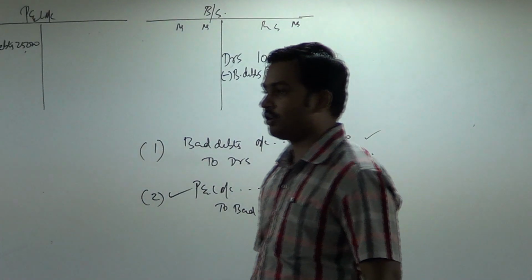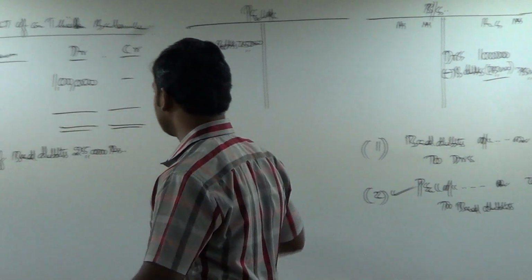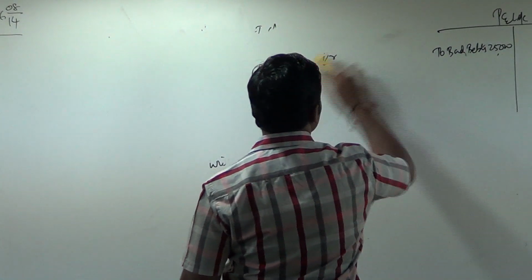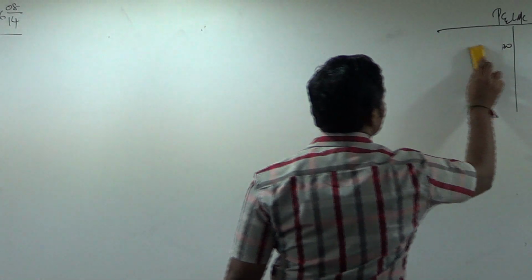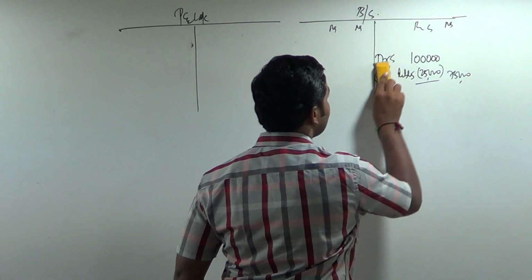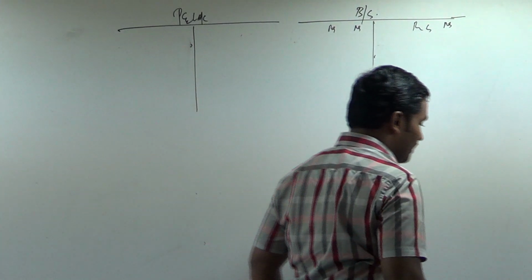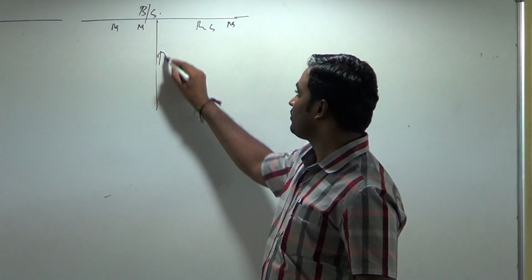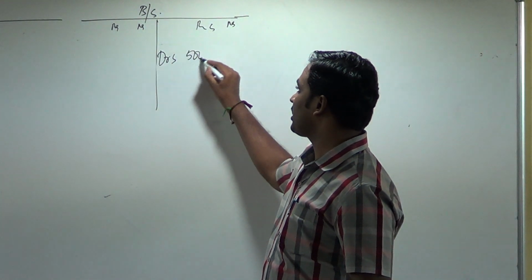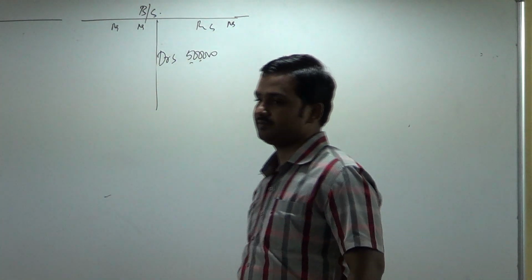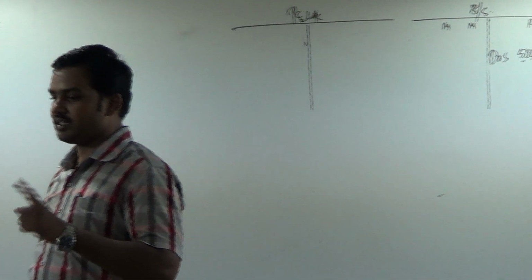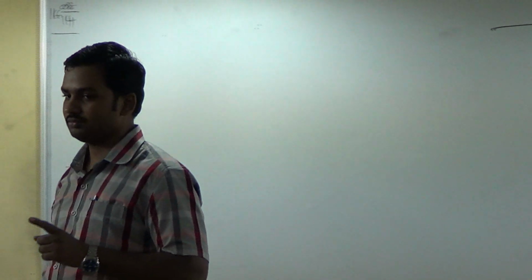Can you do this problem on your own? Yes, sir. Let's do it. Tell me what is given in the trial balance? Debtors. How much is given in the trial balance? 5 lakh. So inner column I will write debtors 5 lakh. Without writing journal entry, I don't want to see any adjustments in anyone's notebook.